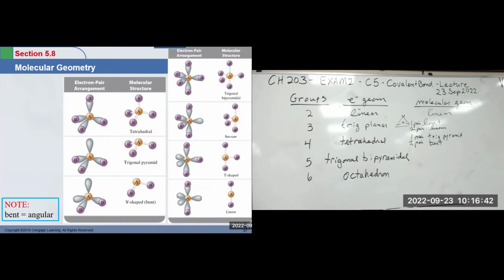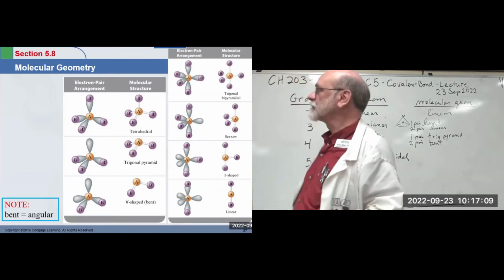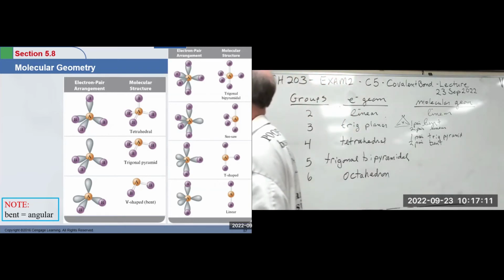If you have one lone pair, and this has been confirmed by laboratory experiment, the lone pair tends to be in this region here. So this lone pair means that you've got the atoms arranged this way. And if you turn it on its side, it looks like a seesaw. Okay. If you have 2 lone pairs, they tend to be in this region also. And now you have a T shape.